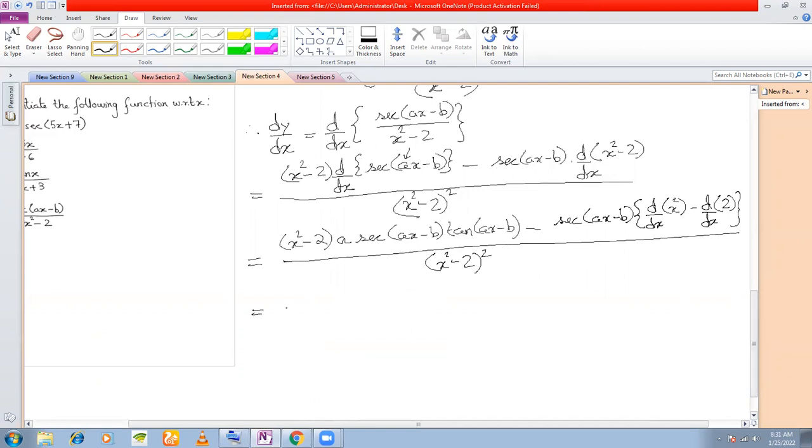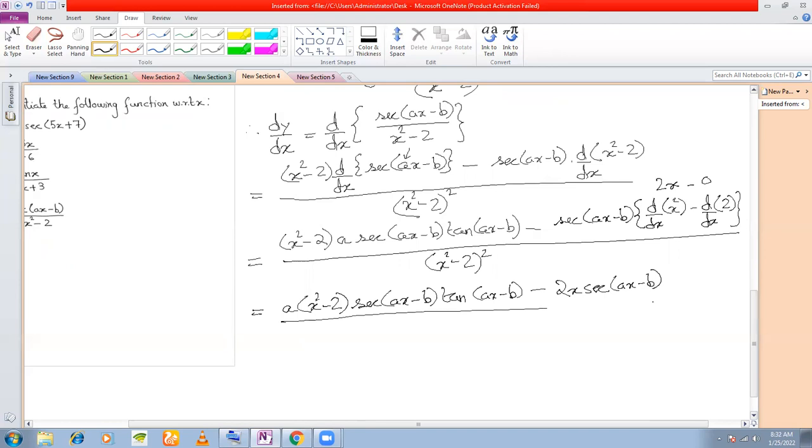So you have here a times x square minus 2 sec ax minus b into tan ax minus b minus, and what do you have here? You're getting a 2x, right? d dx of x square minus 0. So you simply have a 2x sec ax minus b whole divided by x square minus 2 whole square.